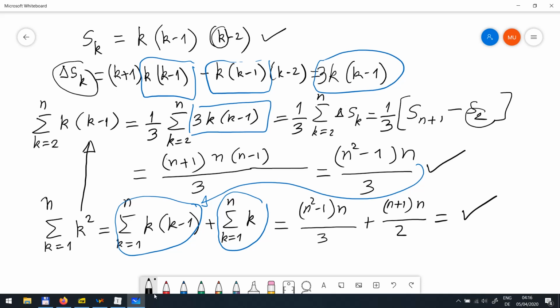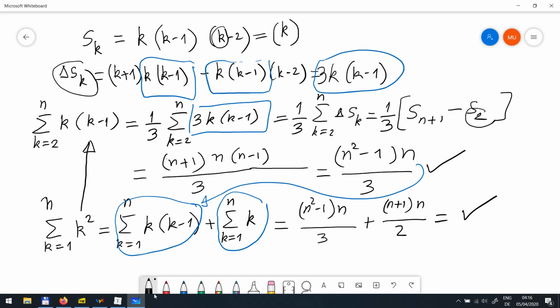So that was it. You can, as an exercise, because I don't need to tell you everything, you can try a general form of that. Before that, if I recognize some pattern that I have 3 factors starting from k, this is called a falling factorial.